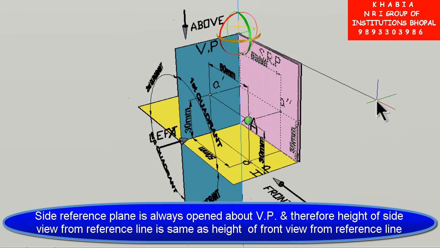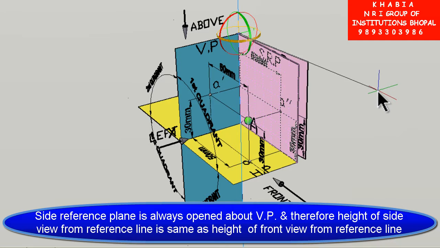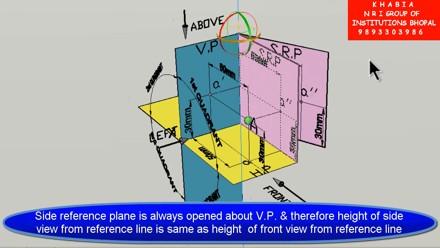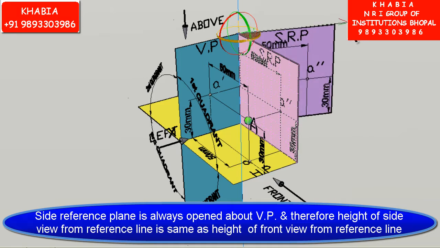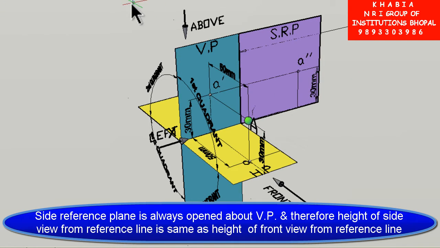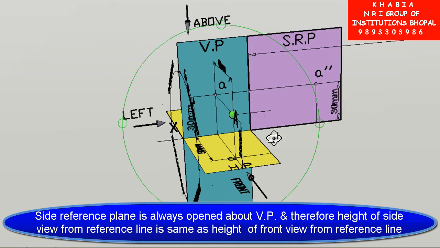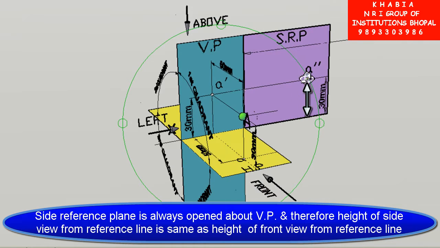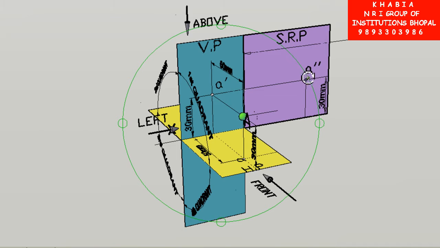In 3 dimensions, the side reference plane is opened about VP like this. And you can clearly observe that the level of the side view is the same as the level of the front view.